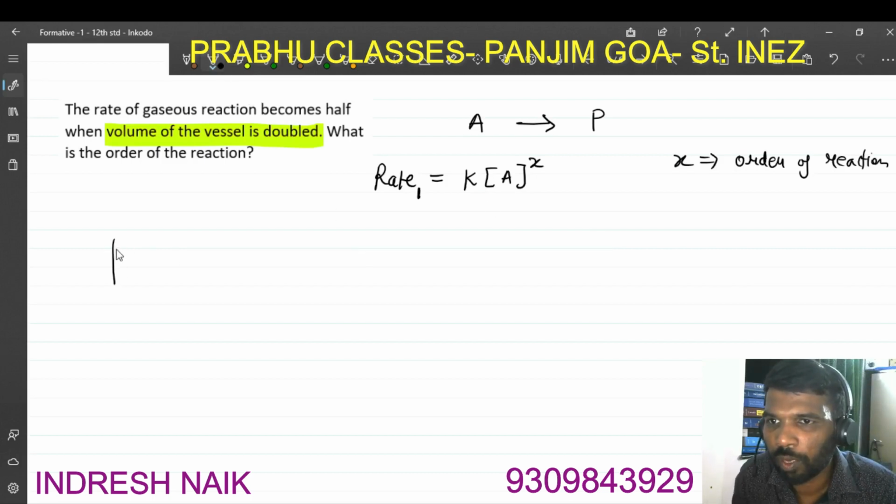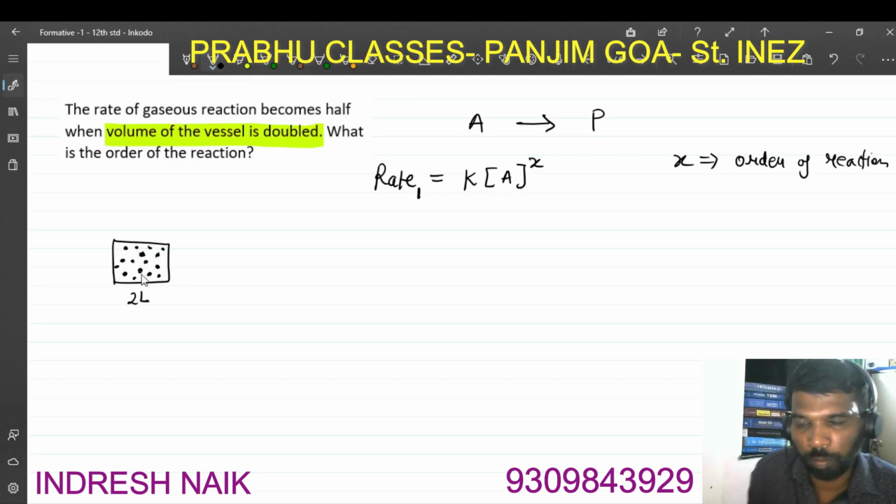Let's say this is 2 liter of volume, and these are the particles of the gas: 1, 2, 3, 4, 5, 6, 7, 8, 9, 10, 11, 12, 13, 14, 15, 16.